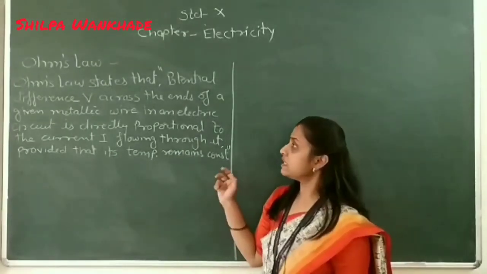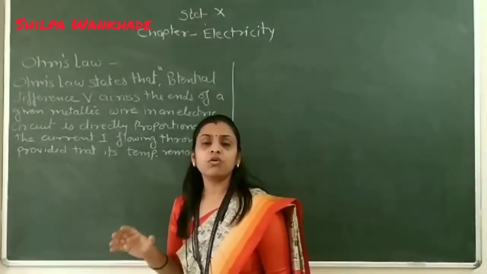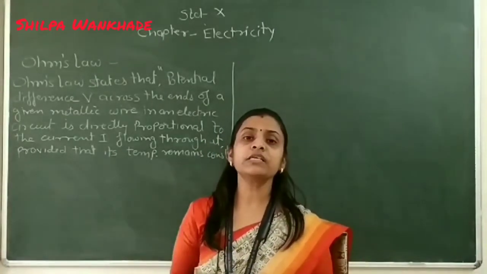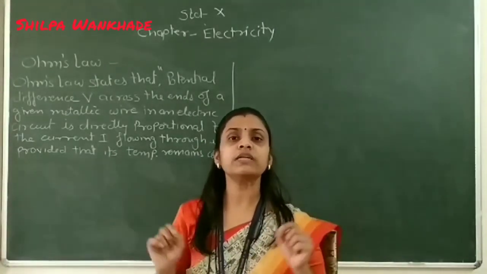Ohm's law proposed the relationship between the current flowing through a conductor and the potential difference across the two ends of a conductor.